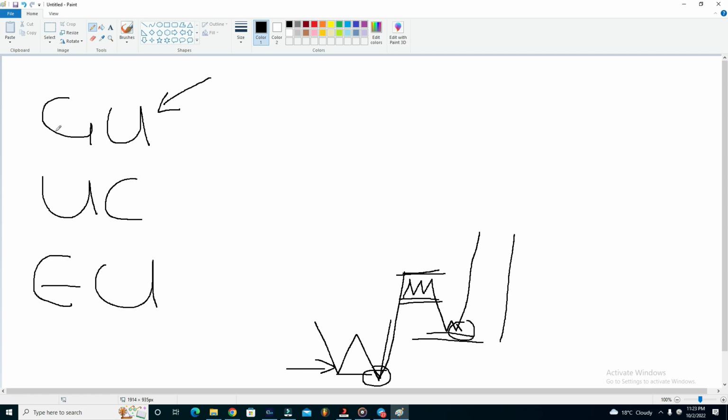When you sell GU, you're selling the pound and buying the dollar. And if you're trading USD CHF, that means you are buying USD CHF, buying the dollar and selling CHF. If it's EU, that basically means you're selling the euro and buying the dollar, based on the market maker cycle.